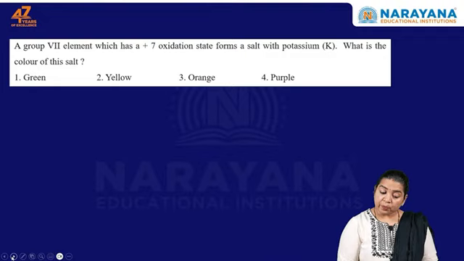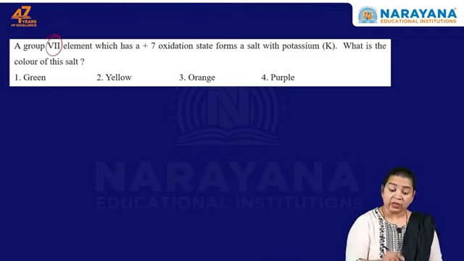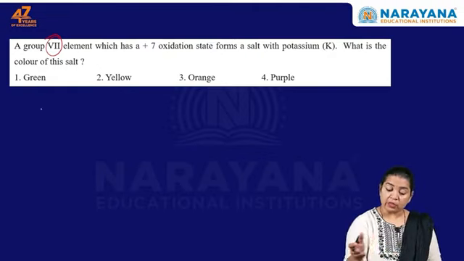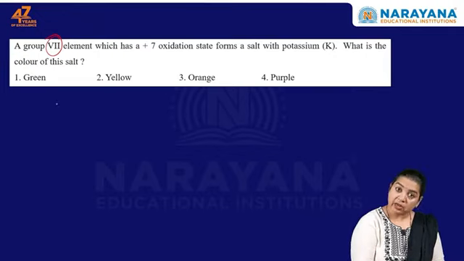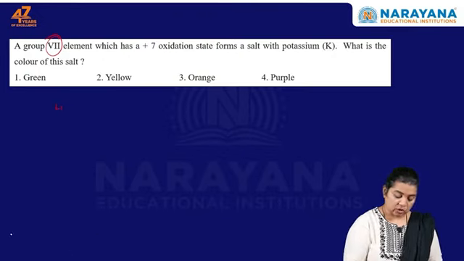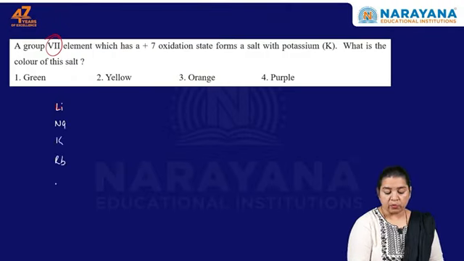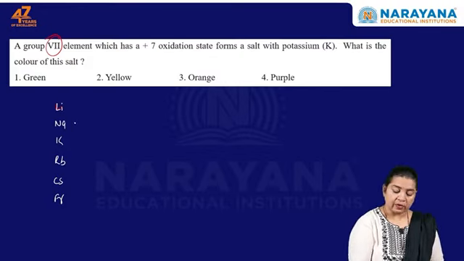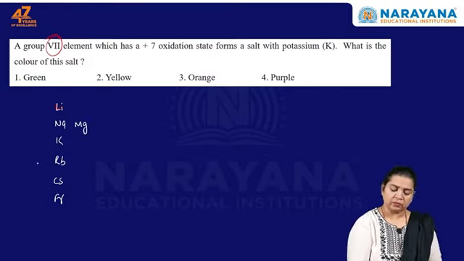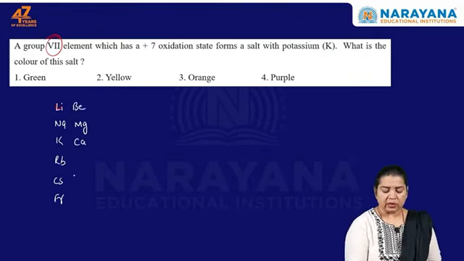Next, a group 7 element. Now, what is this group 7? Let us first identify that. First is our alkali metals, right? Lithium, sodium, potassium, rubidium, cesium, francium. Next are the alkaline earth metals: beryllium, magnesium, calcium.